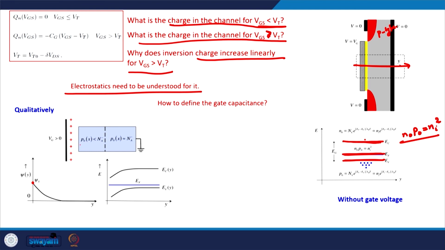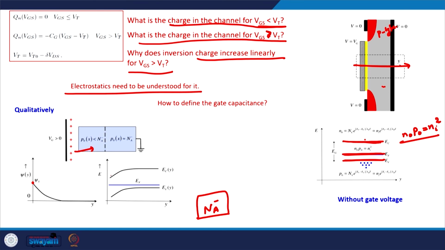This is a p-type semiconductor, so there are a lot of holes, and because of the positive voltage on the gate terminal, these holes will be repelled. Which means the acceptor atoms will be left exposed, and the acceptor atoms are negatively charged. So close to the interface towards the gate, there will be a depletion of holes and a net negative charge in the semiconductor.